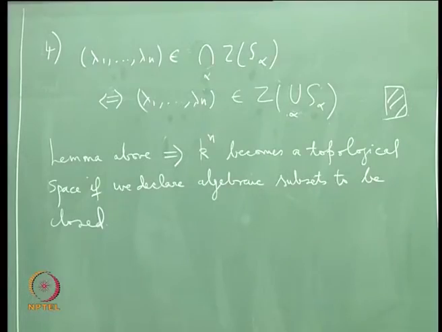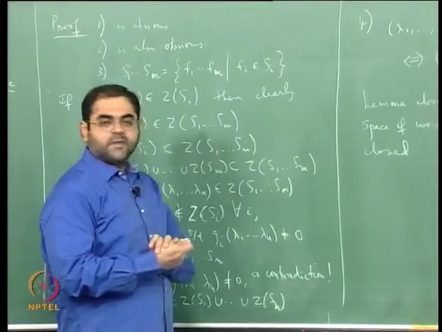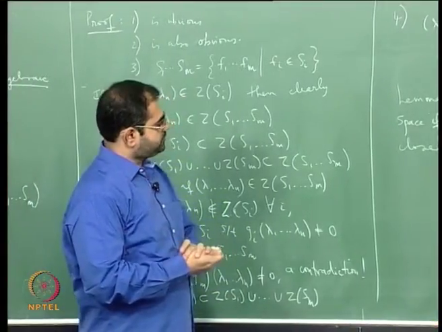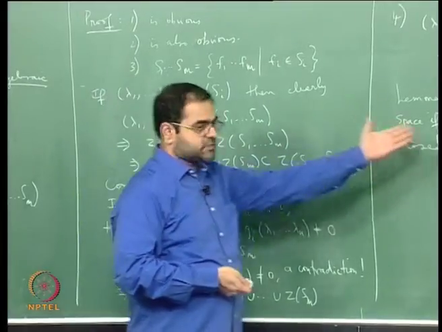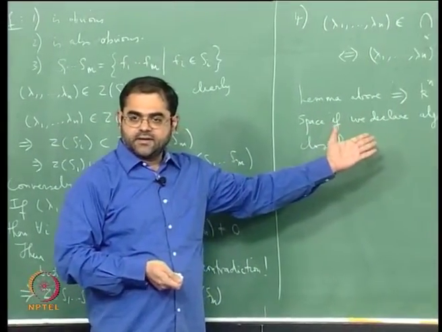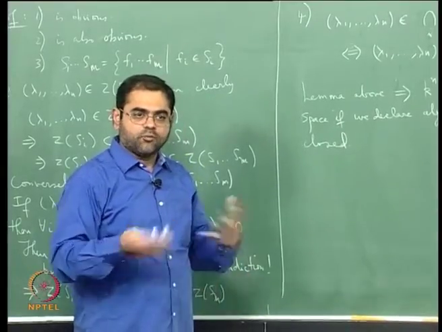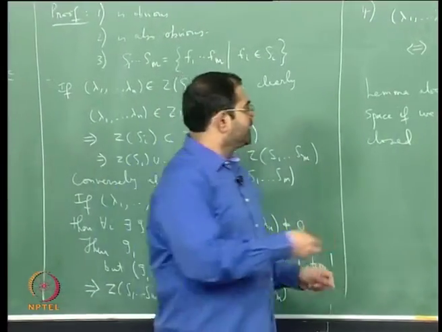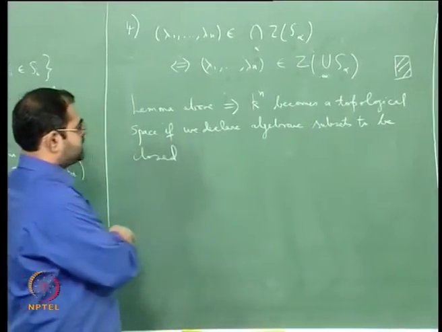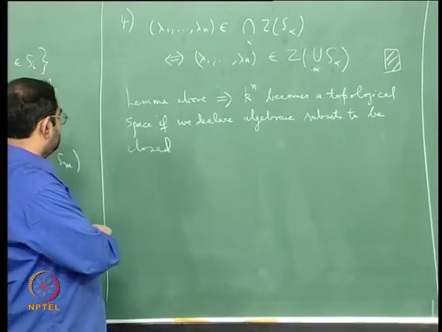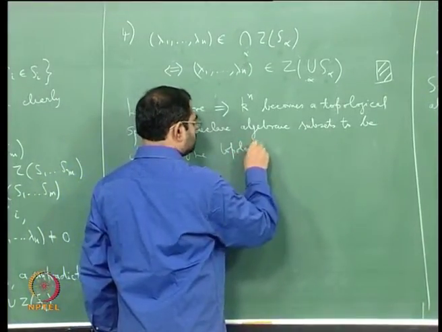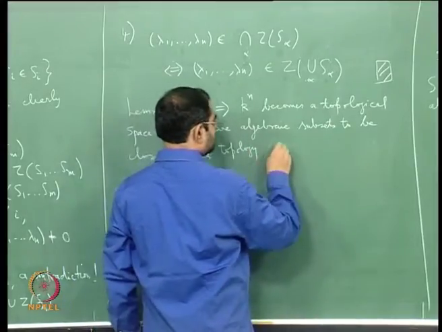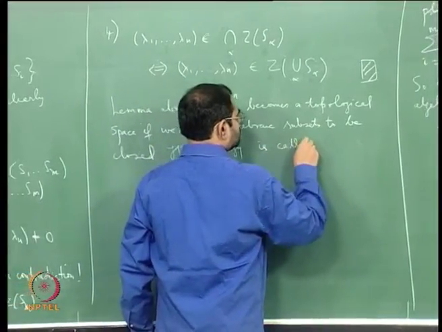Therefore the Zariski topology as it is defined here is defined via closed sets, and of course the open sets are the complements of closed sets always. So let me mention that this topology is called the Zariski topology.